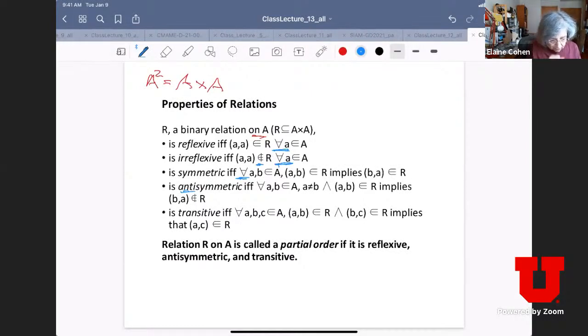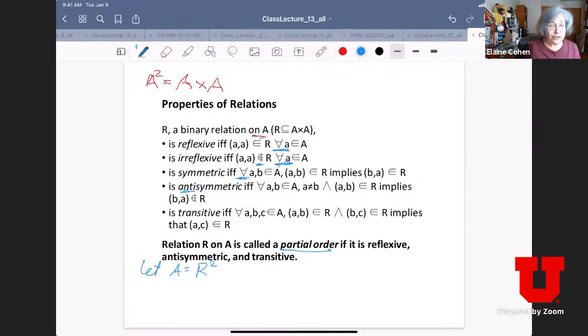Okay. A relation is called a partial order if it's reflexive, antisymmetric, and transitive. So let's think of a good partial order. I'll tell you, the partial order is: let A be R2. That's the plane.